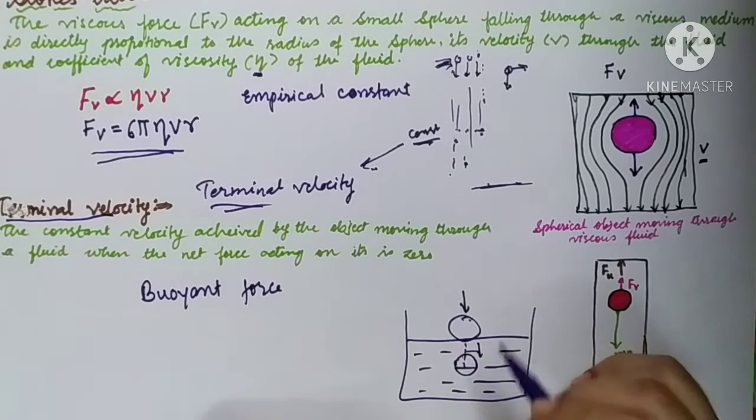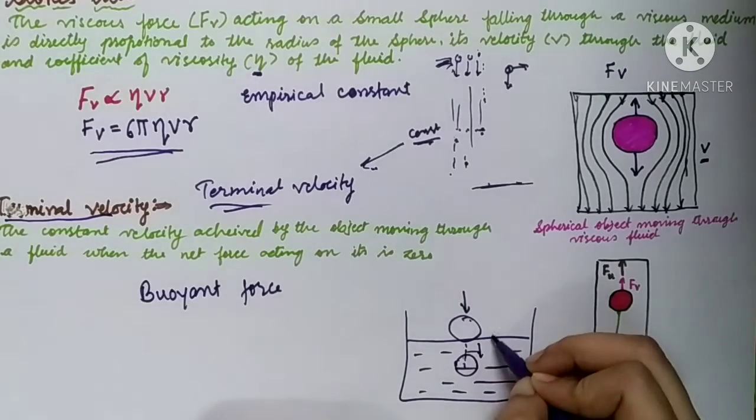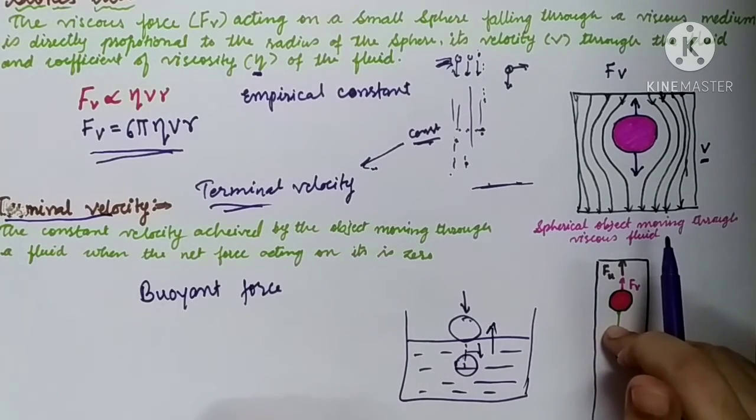What we are going to observe, as soon as we remove the force which we had applied to it, is that this object is going to move in an upward direction. Immediately this object is going to move to the surface of the water.